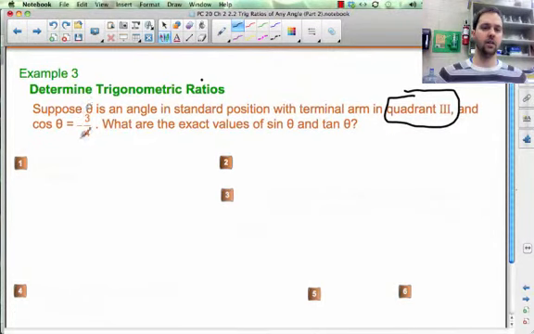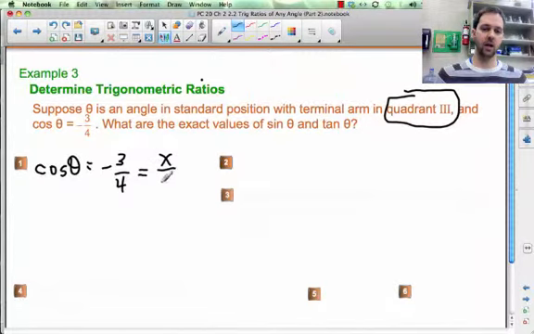Now, this gives us a lot of information. Cos theta equals negative 3/4. And we know that cos theta is represented by x over r. R is always positive, so r is positive 4, which means x is negative 3.